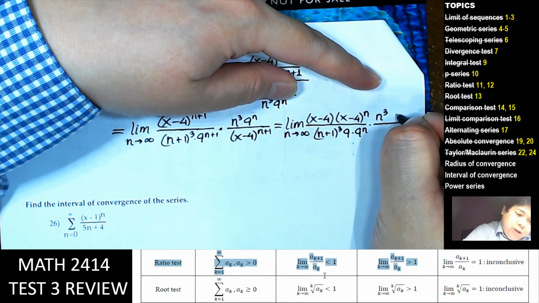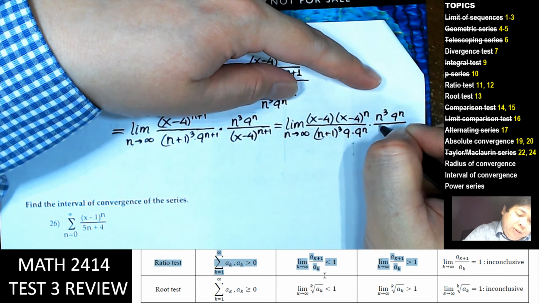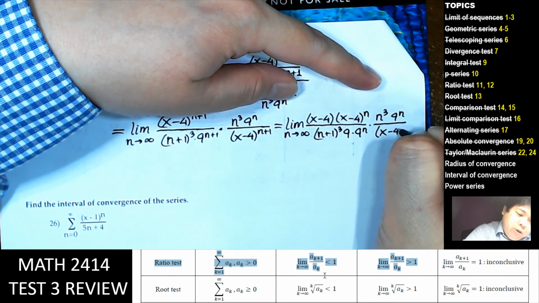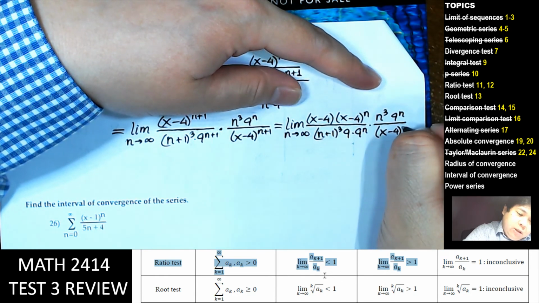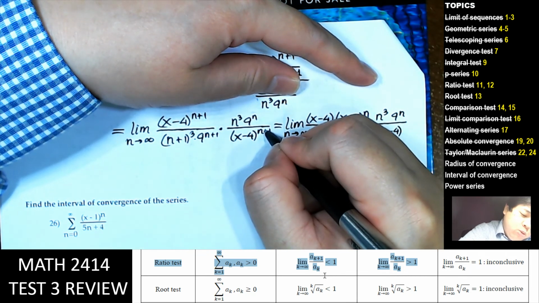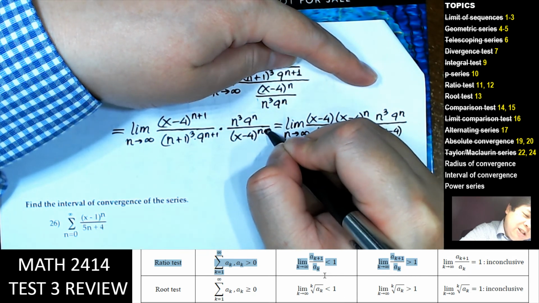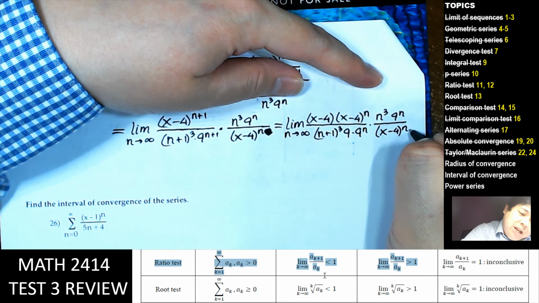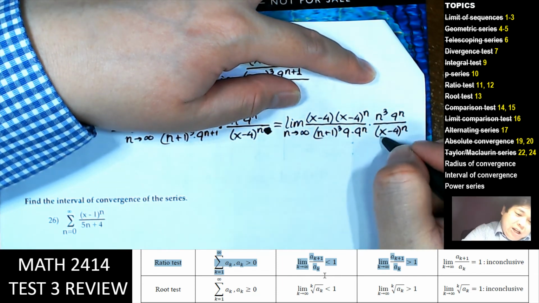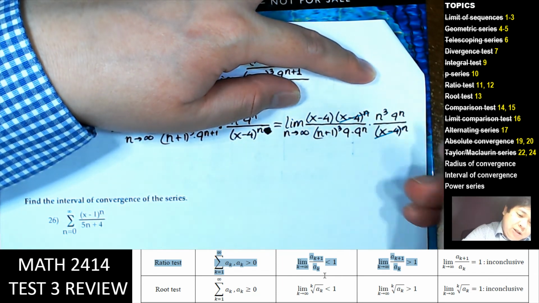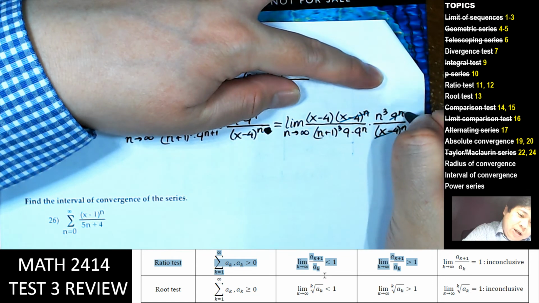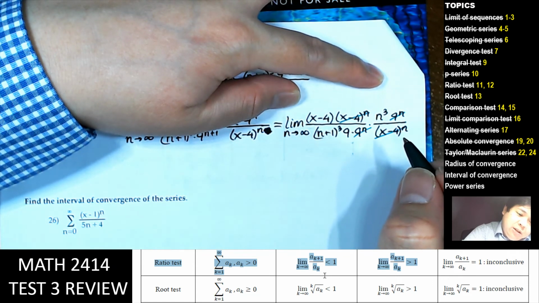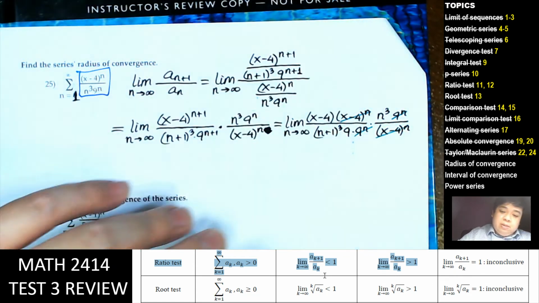Cubed, 9 to the n, x minus 4 to the n. There's no plus 1 here, sorry, so just n. Right. We can cancel this 9 to the n, and that's it.